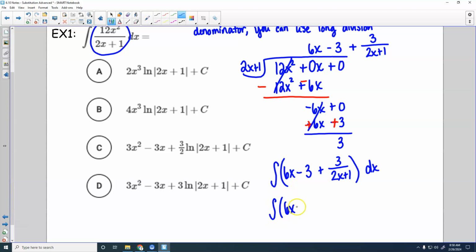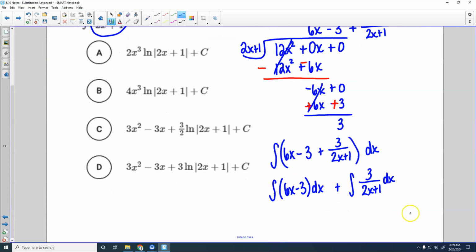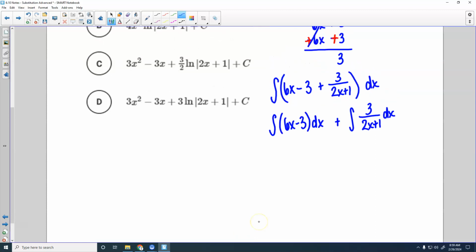I'm doing 6x minus 3 dx, and then I'm working with the 3 over 2x plus 1 dx, right? I'm integrating those separately. So that first part, I just use the power rule for. I'm going to have x squared. I got to divide by the 2 out front, which will give me a 3x squared minus 3x.